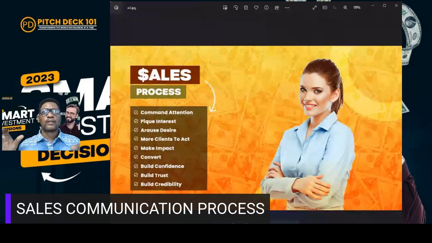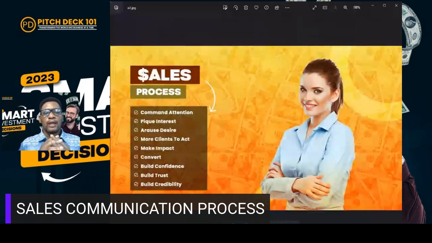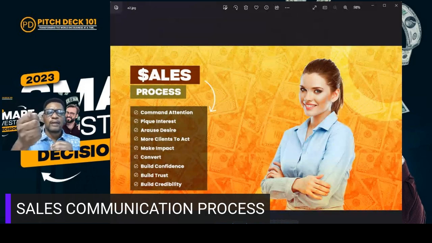The stage is all well set up because you understand the demographic, the psychographics, and the geographic data, and you understand all of this because you're leveraging the right market data. So when you leverage the right market data, and you're able to grab attention, pique interest, arouse desire, move the client into action, and make impact, you're able now to convert.